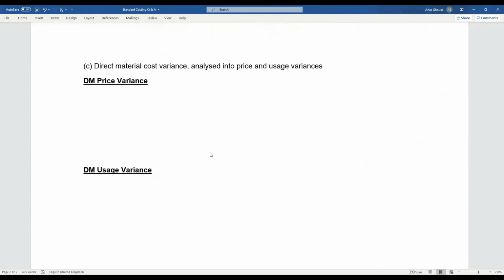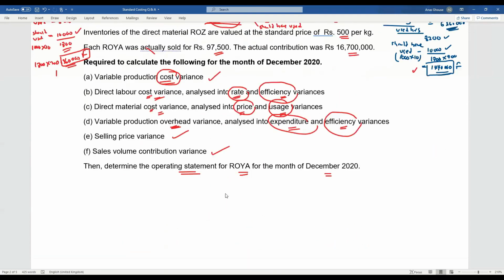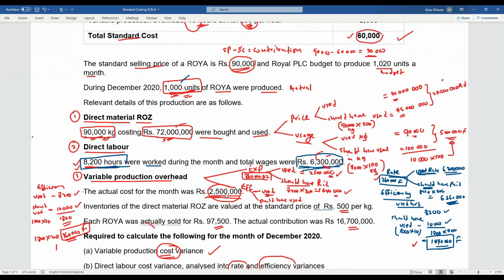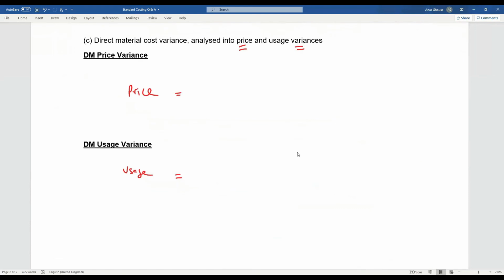Now direct material cost variance into price and usage variance we calculated already. The direct material price variance was how much? 27 million, and usage was 5 million.